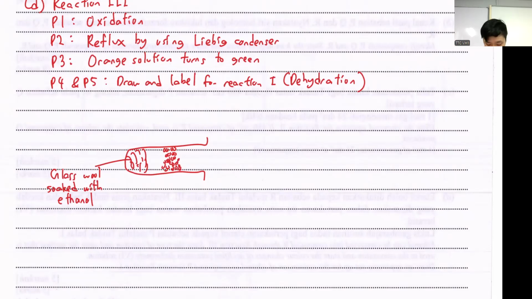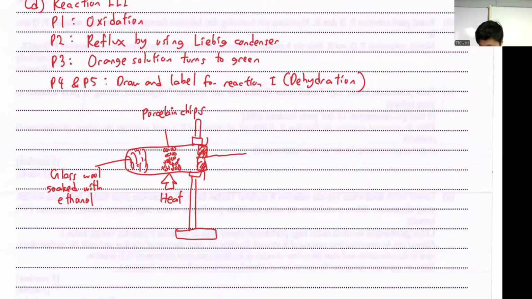You have to heat your porcelain chips. The porcelain chips are a catalyst. Then this is the retort stand, clamped to the retort stand. Then you close with the stopper, which has the delivery tube. Then you connect the delivery tube.